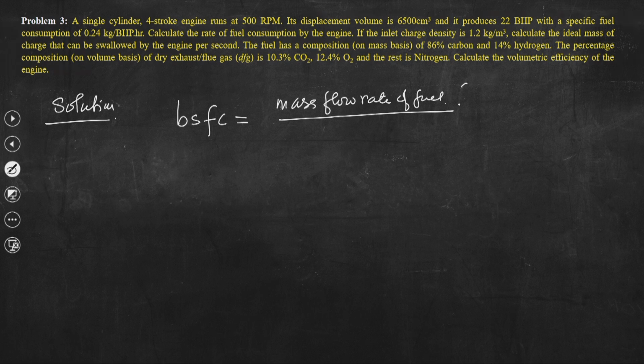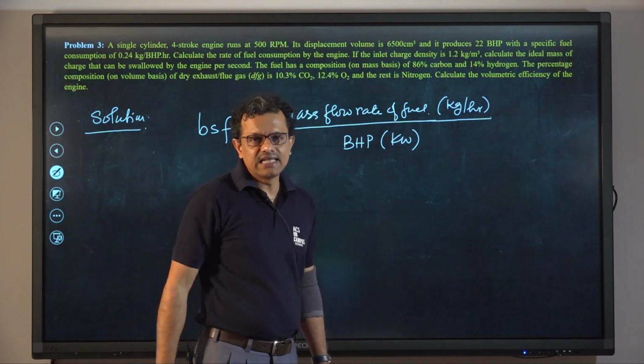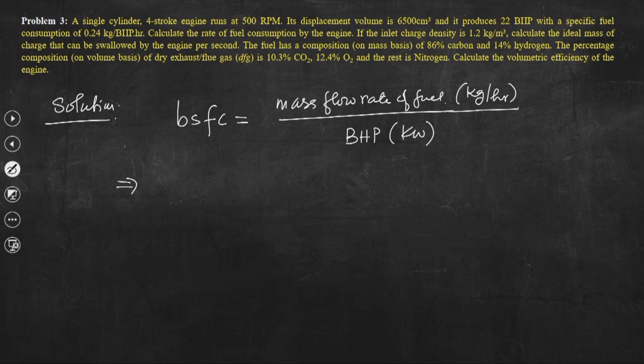So, this is kg per hour per unit kilowatt power developed. So, per unit kilowatt power developed, the amount of mass flow rate of fuel needed by the engine is BSFC. Try to understand, this BSFC is given as 0.24 and the bhp that is produced by the engine is 22.